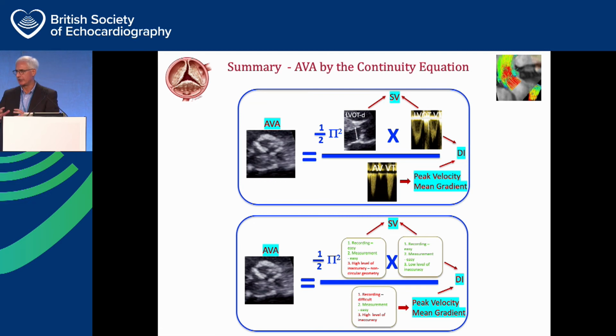So if we measure all these parameters properly with the least error, we have a hugely powerful value, the effective orifice area, to work with and use in our daily practice. And that's, of course, in patients with preserved ejection fraction only.